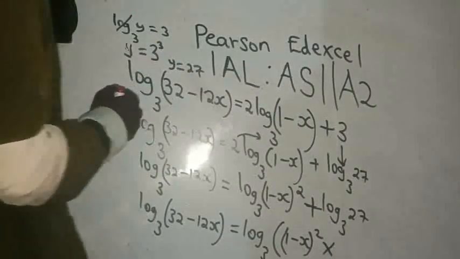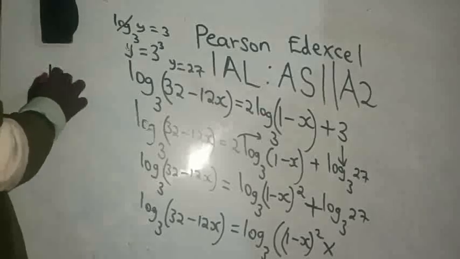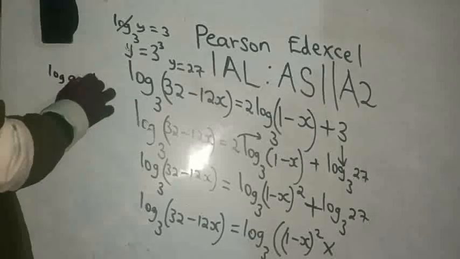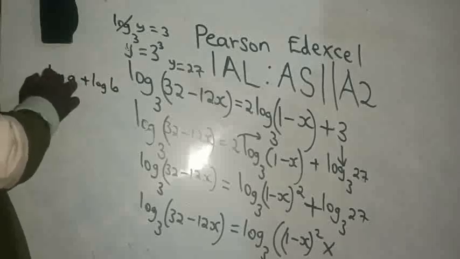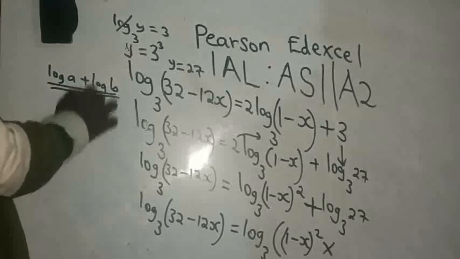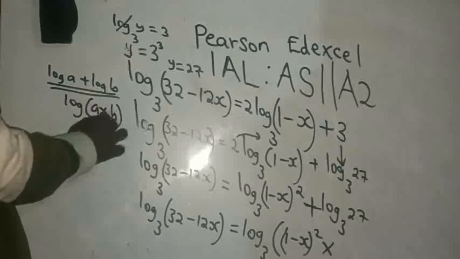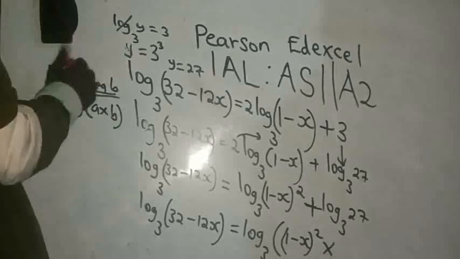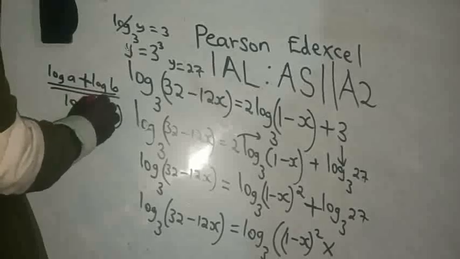The laws of logarithms tell you that log a plus log b, you can combine these two logarithms and have log of a times b. Once the sign is positive, it changes into multiplication.